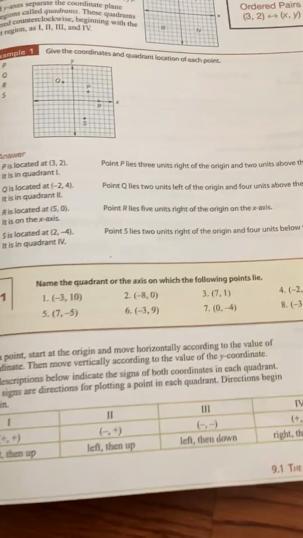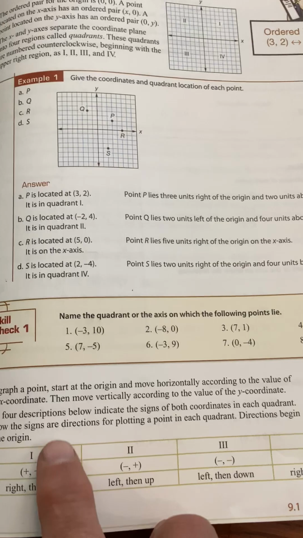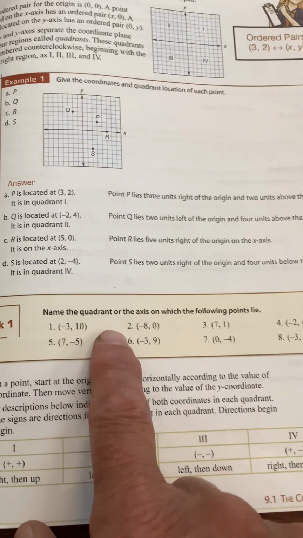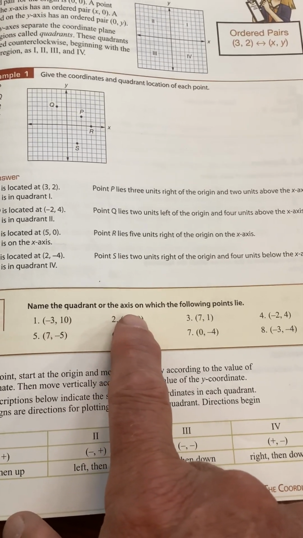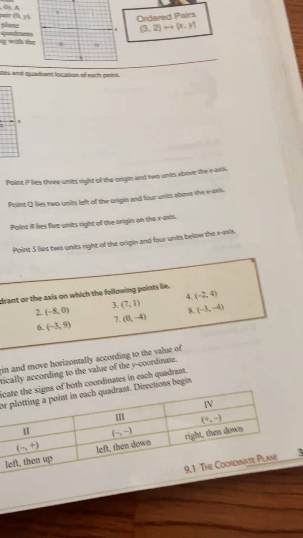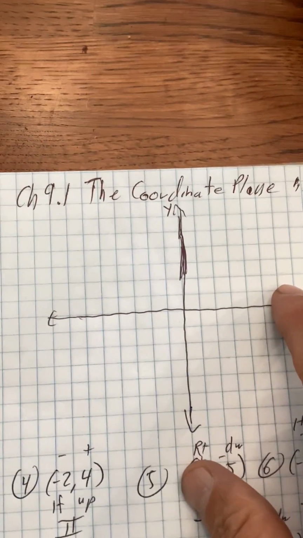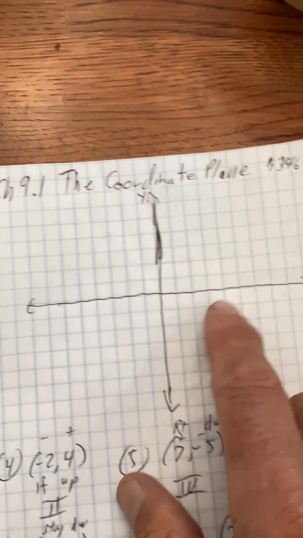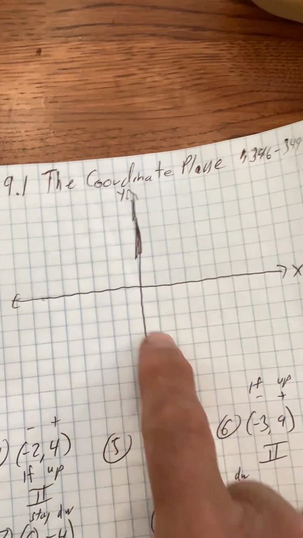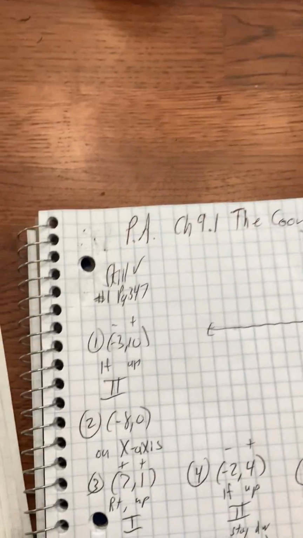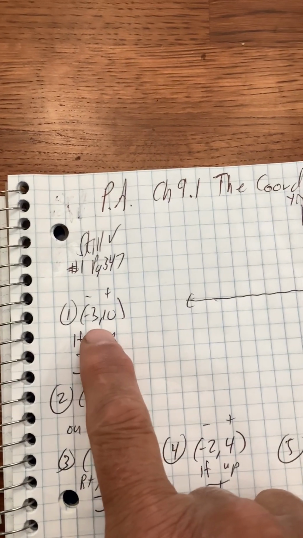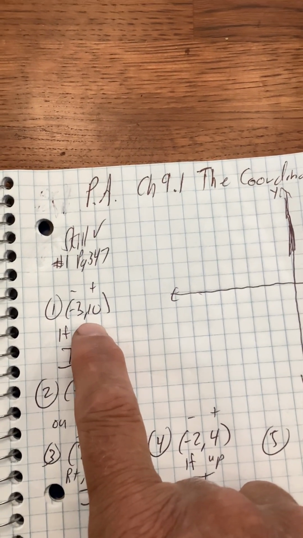Anyways, so here, name the quadrant or the axis on which each of these points falls. So I drew myself an ordered coordinate system. This is the x and this is the y. This is the origin. And just so I can visualize, so negative 3, 10, here's number 1.